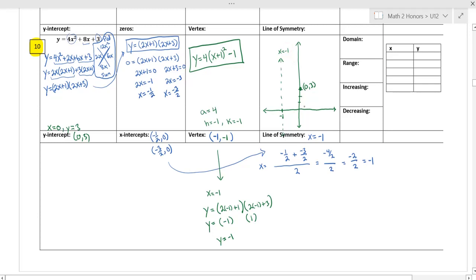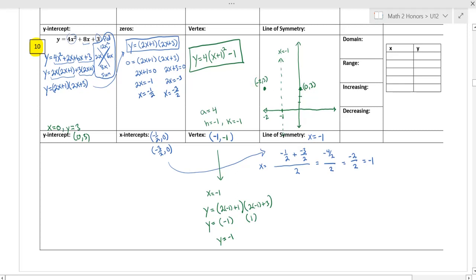My y-intercept is 1 to the right of the middle, so if I go 1 to the left of the middle at negative 2, I'm going to have something the same height. It matches it, because it's symmetric. So negative 2, 3 will be another point, and I just get that from symmetry.